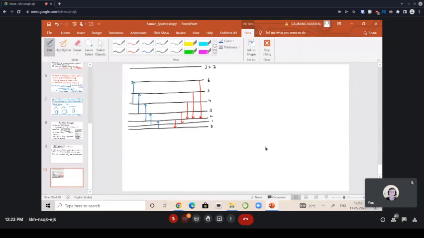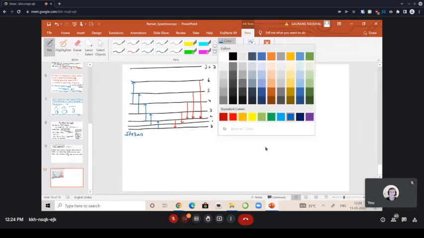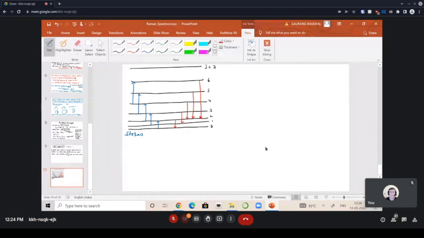So on the low wave number side we have Stokes lines, and towards the higher wave number side, we have anti-Stokes lines.